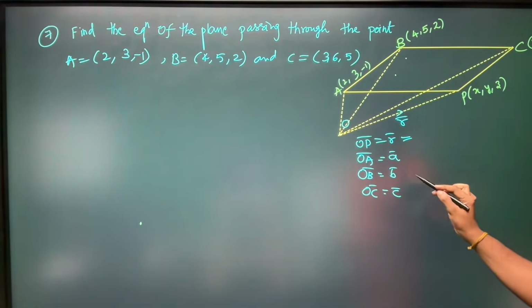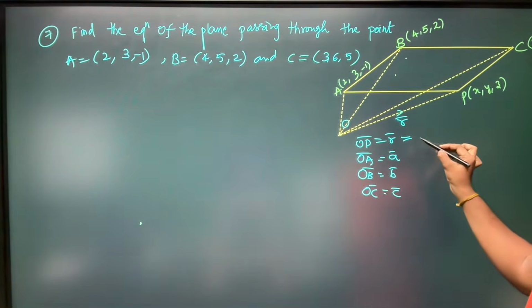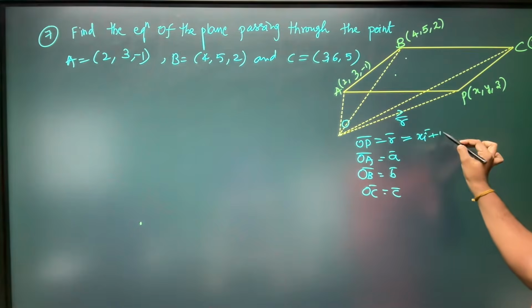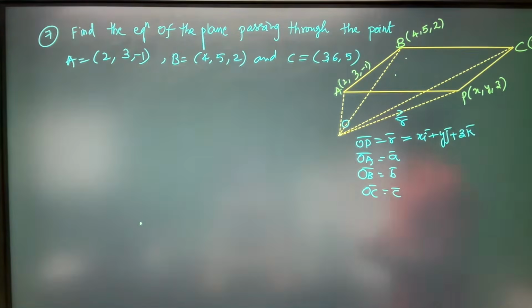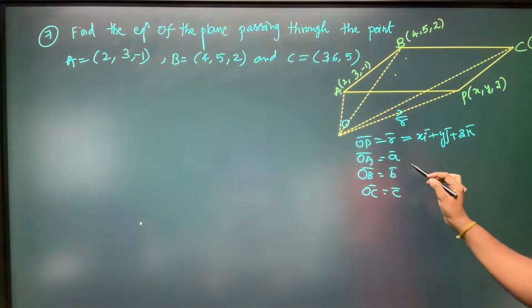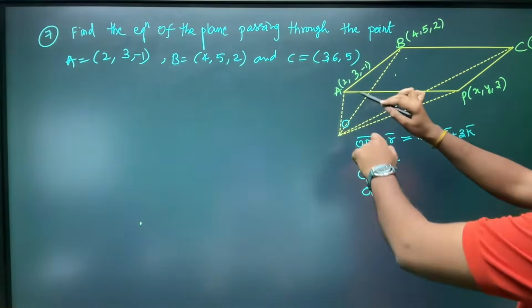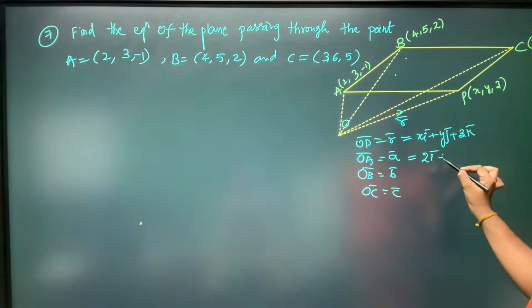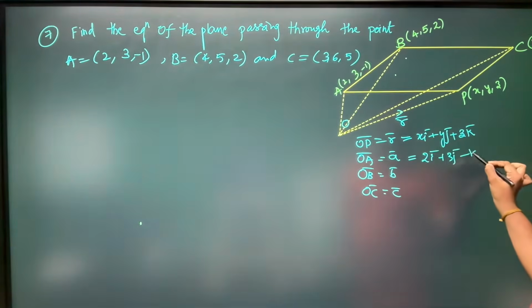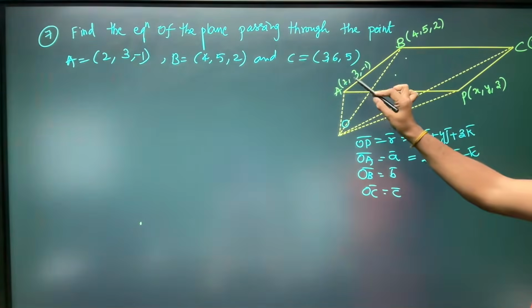Now clearly I can say that whenever you take position vector like this, the general vector equation is r bar equals x i bar plus y j bar plus z k bar. Next, OA bar, from O to A, we can write as 2 i bar plus 3 j bar minus k bar, because the point is 2, 3, minus 1.